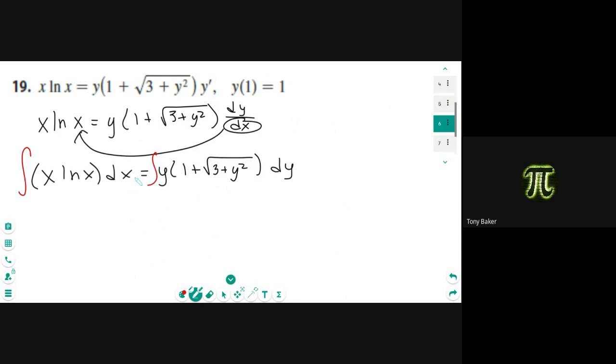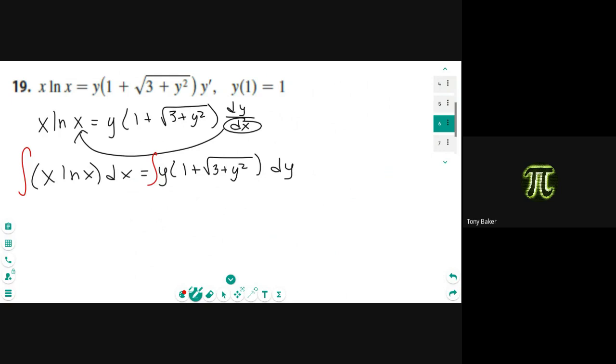Find me the integral of both sides. The left side is integration by parts, but I'm pretty sure we did that at one point. x ln x sounds familiar.